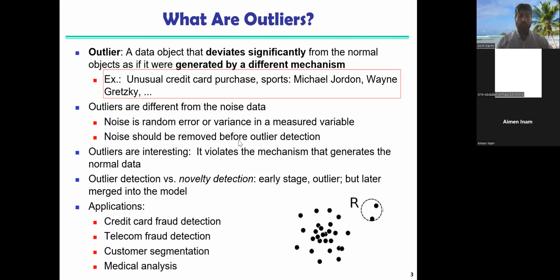So the applications could be numerous. You can have applications in the financial sector trying to find fraudulent transactions. And there's also an example given here regarding sports. Michael Jordan, for those who follow basketball, was a great basketball player. So his stats were significantly better than any other person.